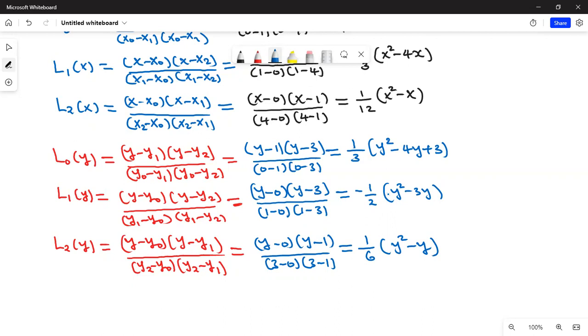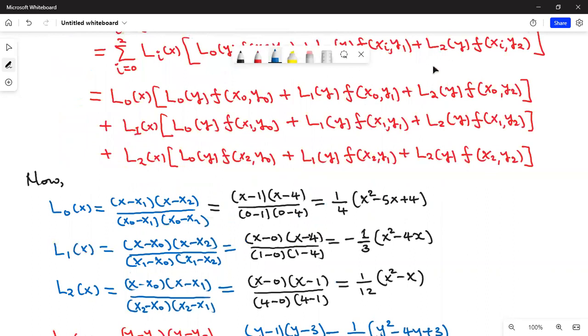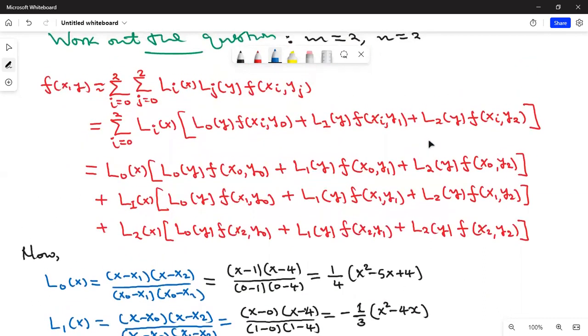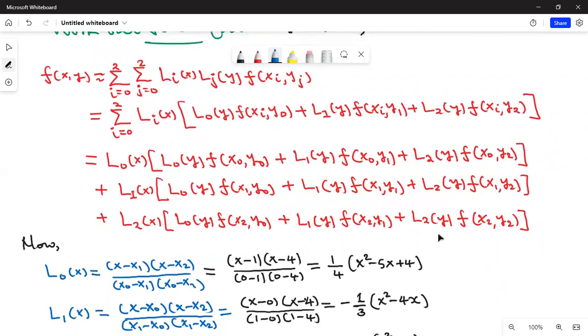So let's substitute them back into our interpolating polynomial. That is f of x, y approximately equal to this one. We are going to replace all these coefficients here. Let's see what we are going to get.